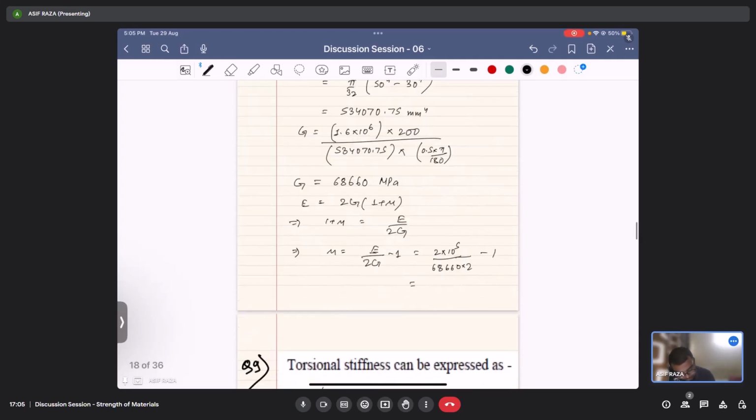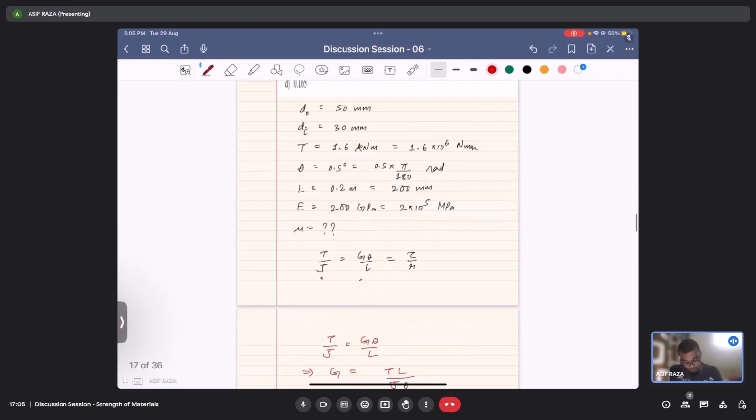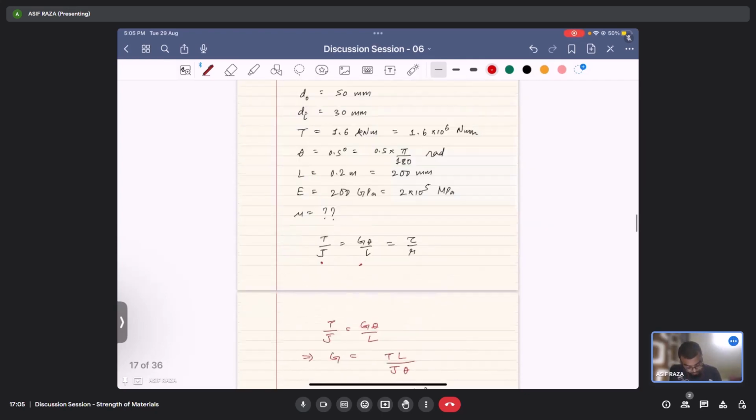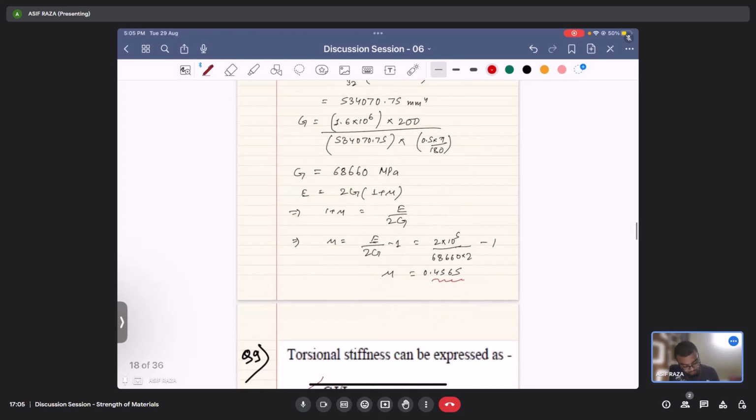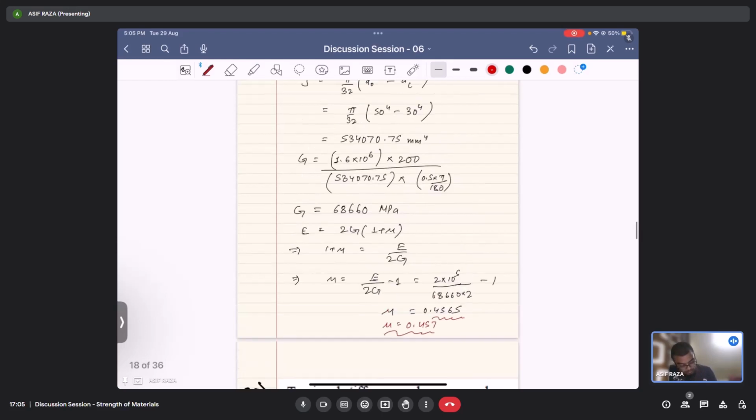So this comes out to be mu equal to 0.4565 roughly. Let us round it to 3 digits, so you can write mu is equal to 0.457.